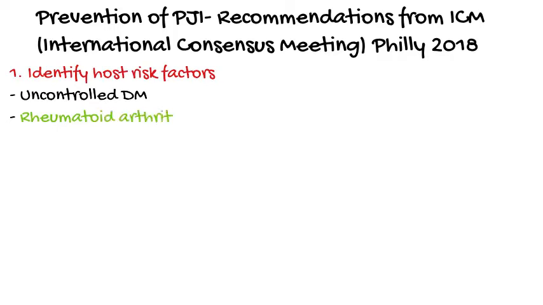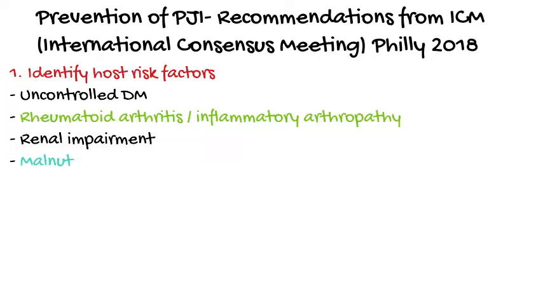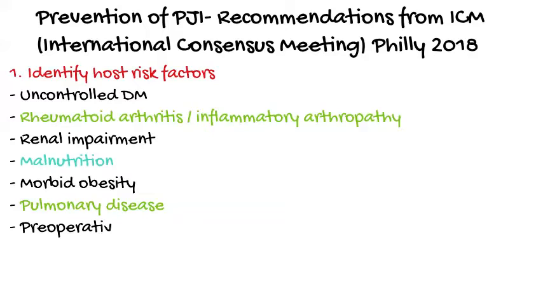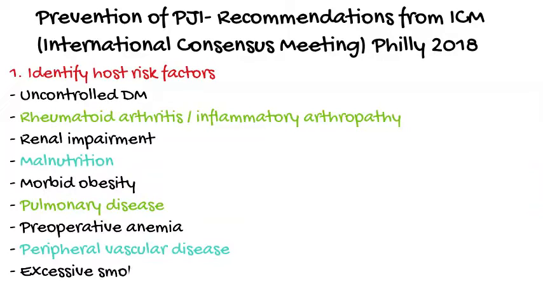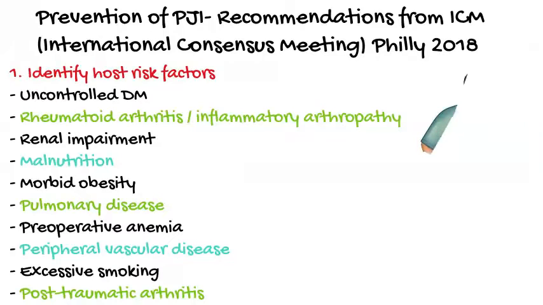These include uncontrolled diabetes mellitus, rheumatoid arthritis, inflammatory arthropathy, renal impairment, malnutrition, morbid obesity, pulmonary disease, pre-operative anemia, peripheral vascular disease, excessive smoking, post-traumatic arthritis. The reasons for each of these factors are explained in my previous videos on wound healing and surgical site infection.